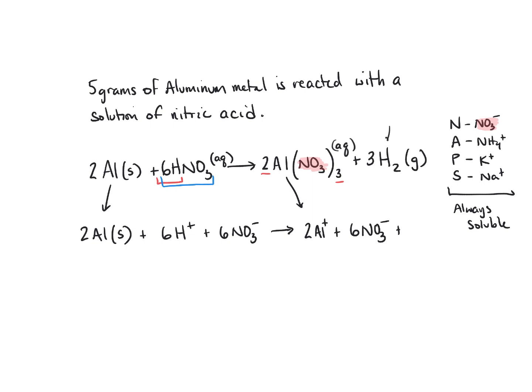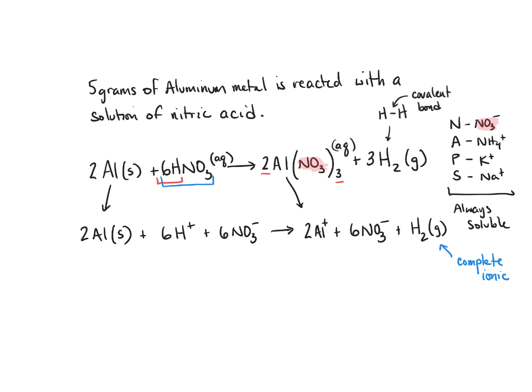If you remember from bonding, that's going to be H bonded to H, and that is a covalent bond. So that just stays together. That's going to be floating off as gas. So this would be considered our complete ionic.